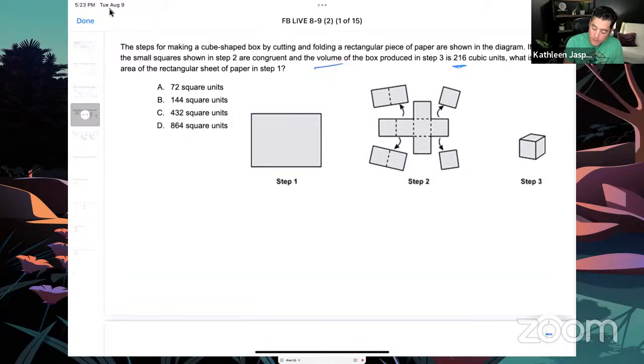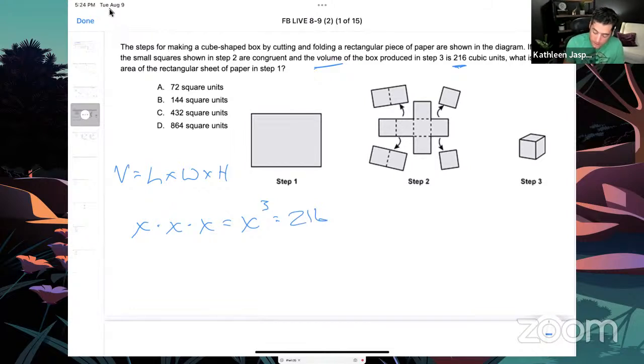It says volume, 216 cubic units. Volume is equal to length times width times height. Because it's a cube, it should be x times x times x, which is x to the third power, is equal to 216.